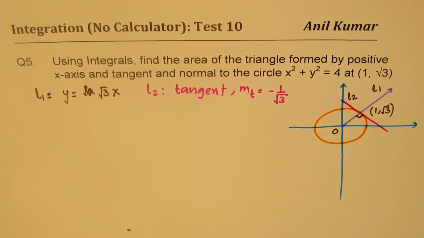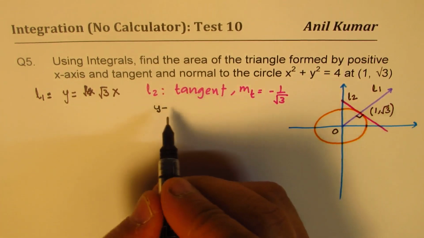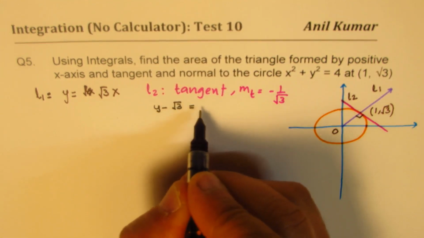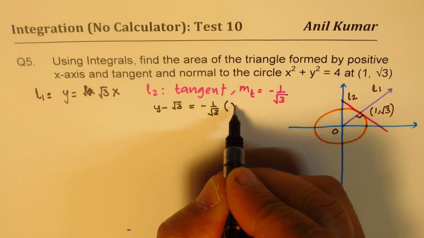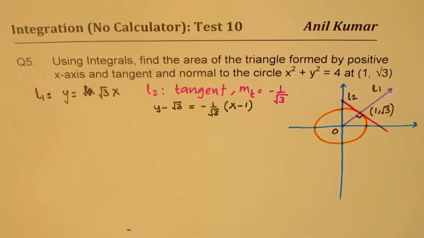We can write its equation as y minus y1, which is square root 3, equals the slope, which is minus 1 over square root 3, times x minus x1, which is 1. So that becomes the equation of line 2.